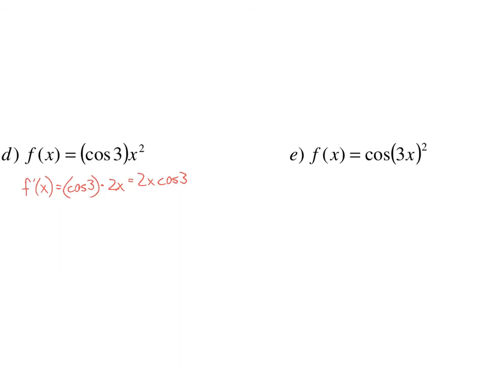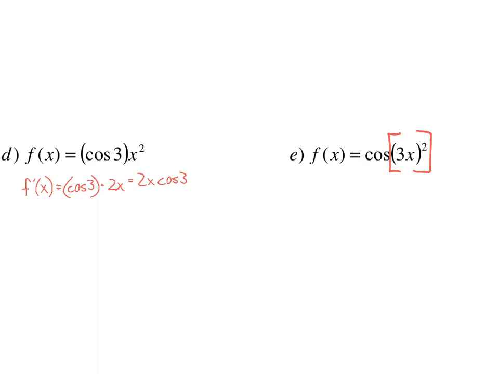Now then we have the cosine of 3x quantity squared. Okay? So really what we have here is a double chain rule, because the 3x is being squared, and that whole thing is inside the cosine, right? So you have a couple of options.